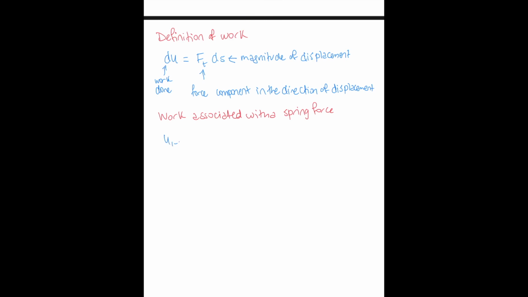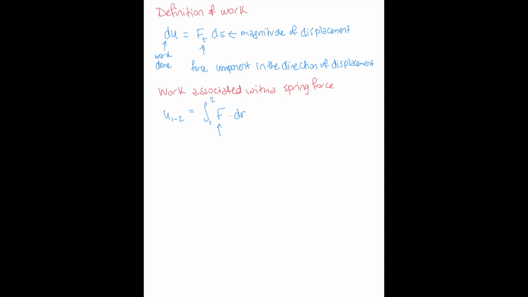We've got the work done over step 1 to step 2, for example, is going to be equal to F dot dr, where F is going to be minus kx i. X is going to be the deformation of the spring, and k is going to be the spring stiffness. dr is just the displacement of the position vector.